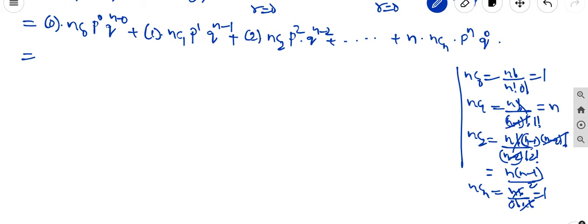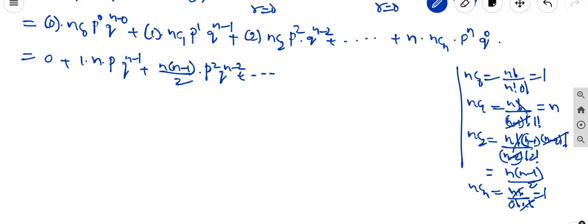So here we can substitute. nC0 is 1, 0 into something is 0, plus nC1 is n, so 1 into n p q power n minus 1, plus nC2 is n into n minus 1 by 2 p square q power n minus 2, plus so on plus nCn is 1, n into 1 p power n, q power 0 is 1.